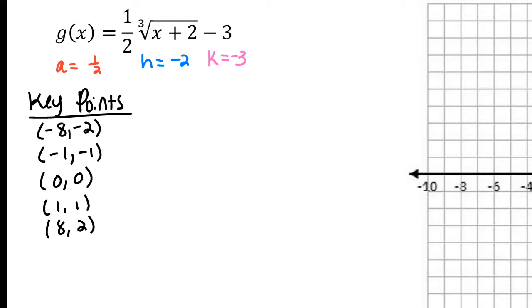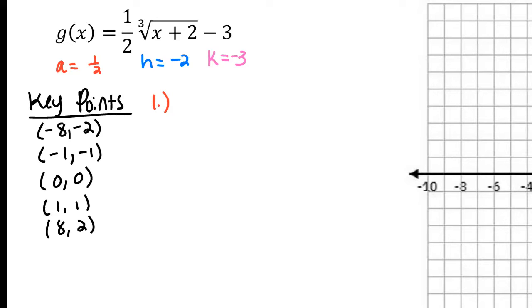So a, first of all: do I have an x-axis reflection? Is my a negative? No, so I don't have a reflection. I have a 1/2, so is that a vertical stretch or a compression? Compression, right? It's between 0 and 1, so we compress it. Remember what we did?